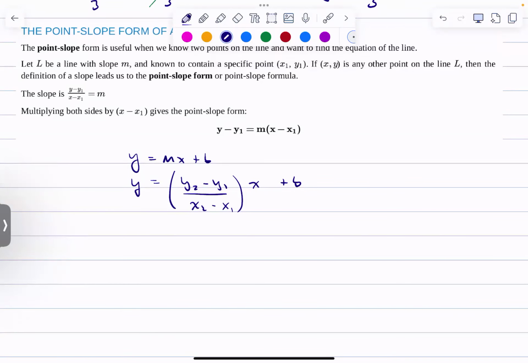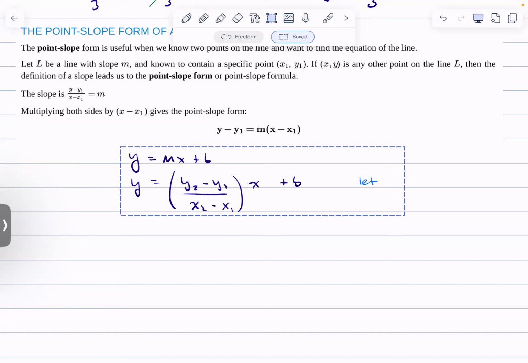What if I let the second point just be xy, some generic xy? Then, I just saw that I have jumped the gun. Sorry. Haven't I? I have. I took it too far.